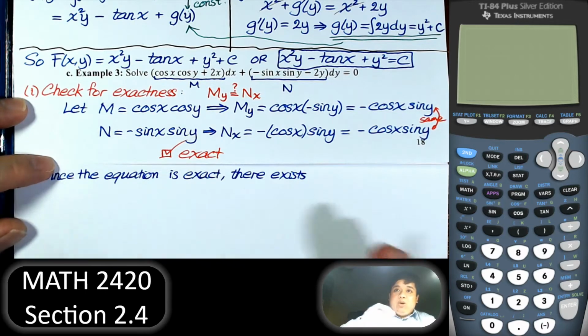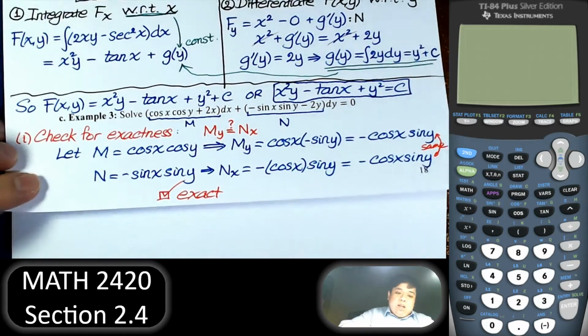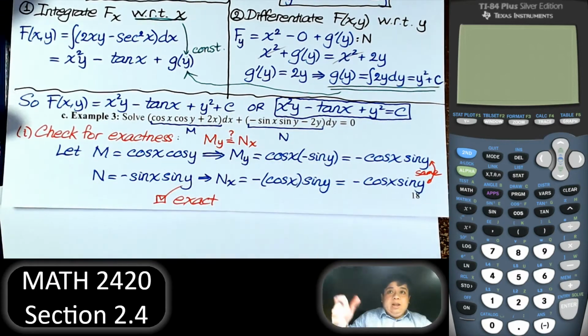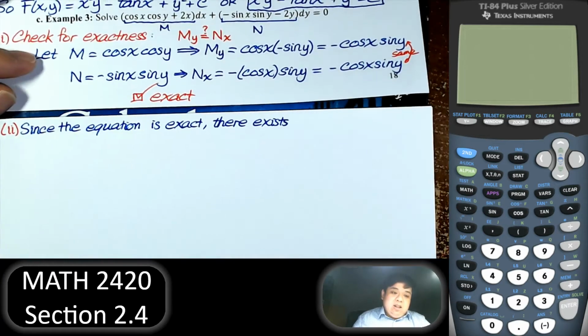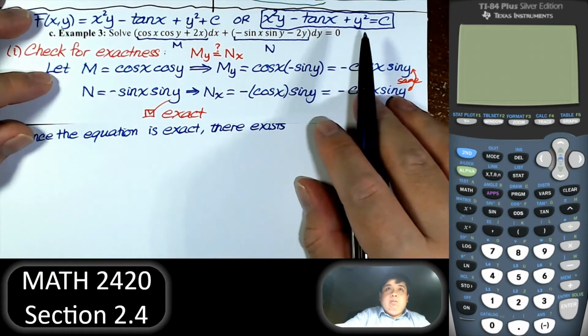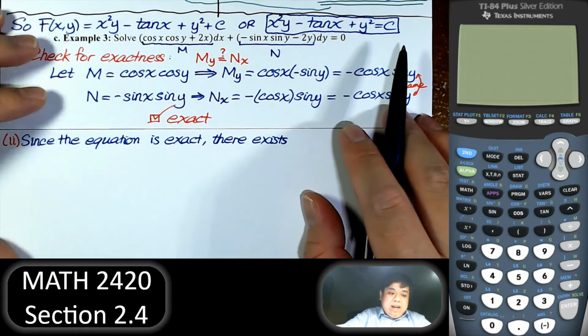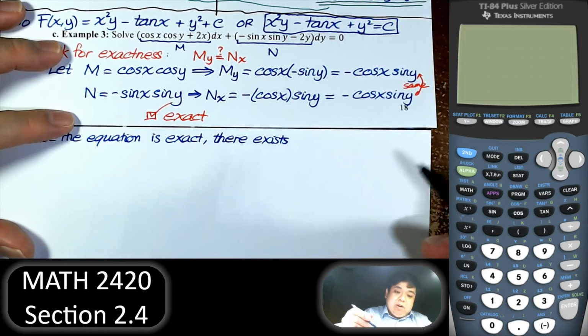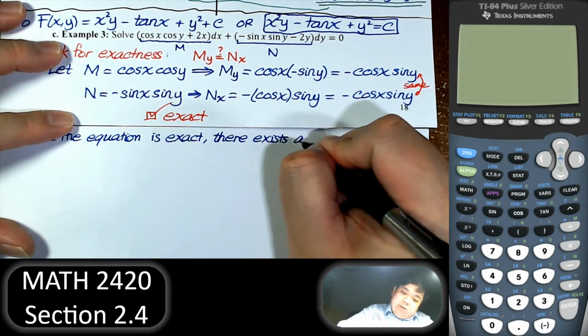It is a potential function because essentially we have the potential function with a constant c, so there will be an indefinite number of potential functions. So c could be any arbitrary real number. So there exists a potential function.